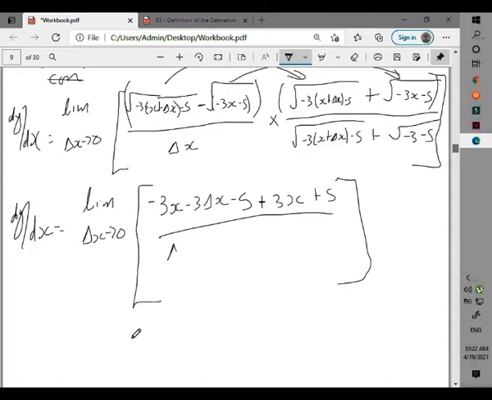So, I have here delta x bracket root of minus 3x plus delta x close bracket minus 5 plus the root of minus 3x minus 5. The writing is a lot to take in. Alright, so let's swipe.